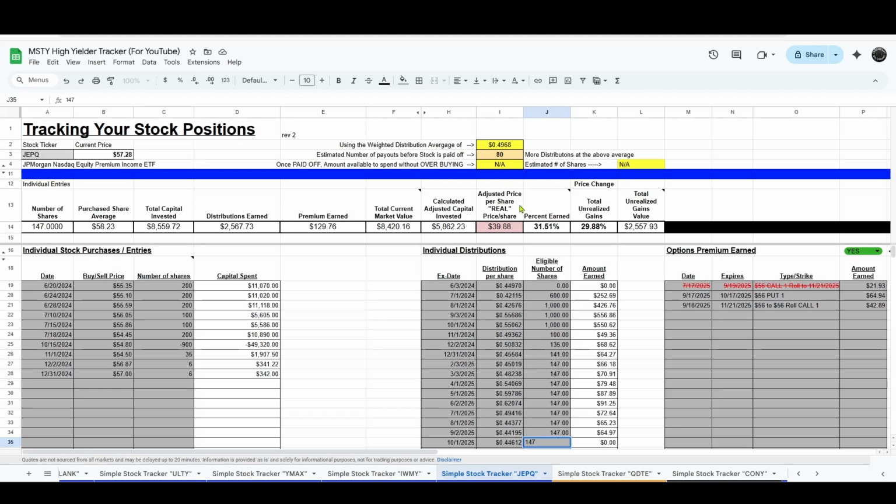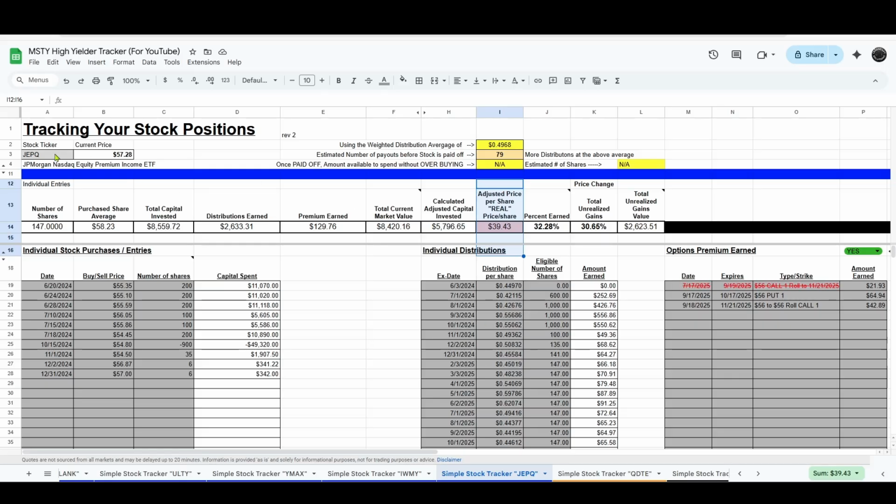So my $39.88 for my real price per share of where I'm at now becomes $39.43. So see, it is still coming down. Now it doesn't come down much, right? Because I'm only getting 44 cents for the month per share.